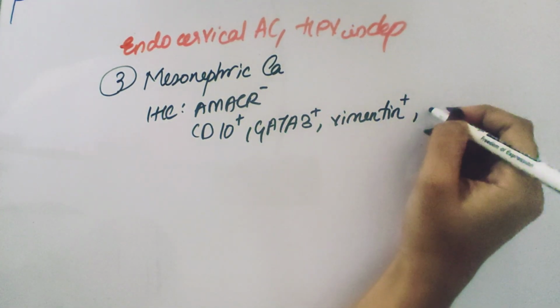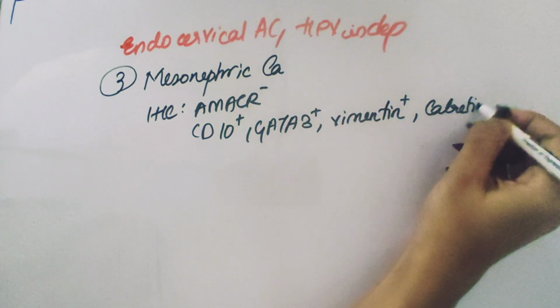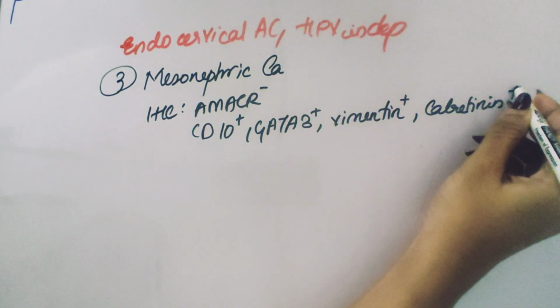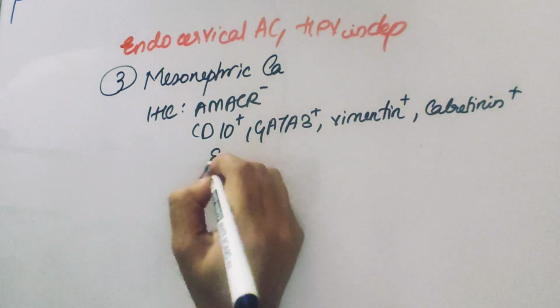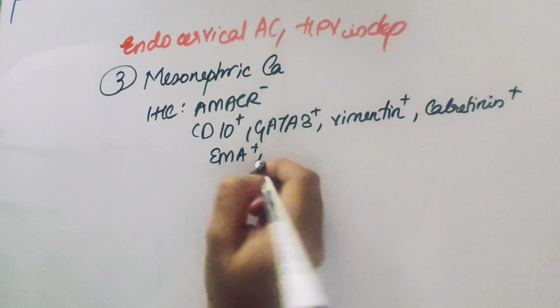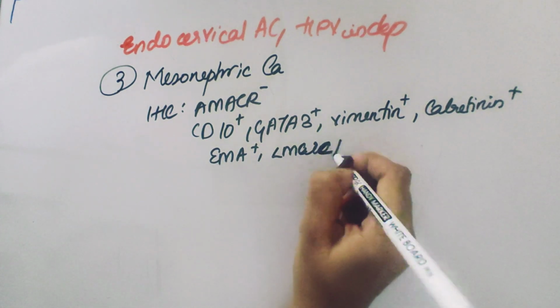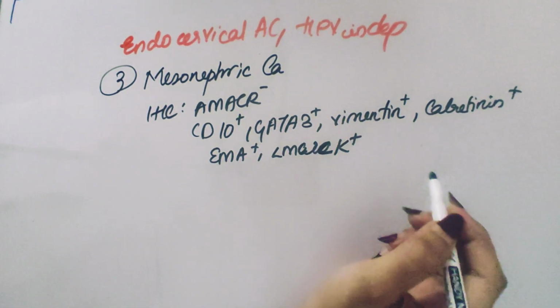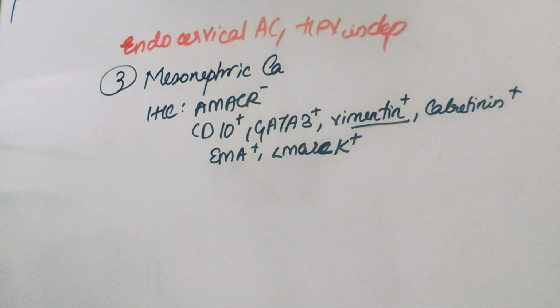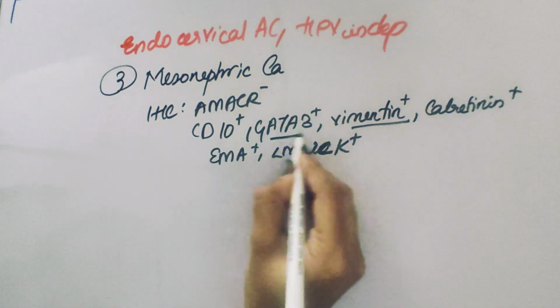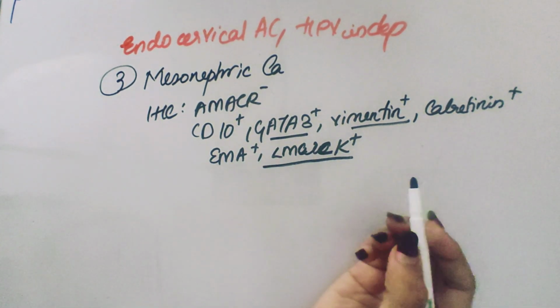And then there is calretinin positive, EMA positive, and LMWCK positive. At least you should remember that there is Vimentin positivity here, which is an exception. And there is GATA3 and LMWCK positive.